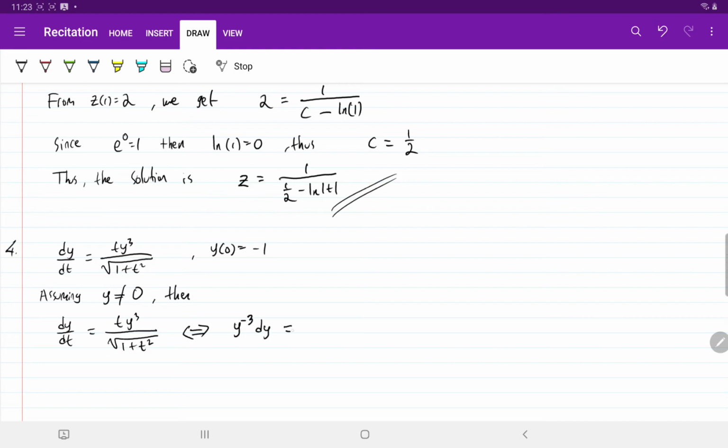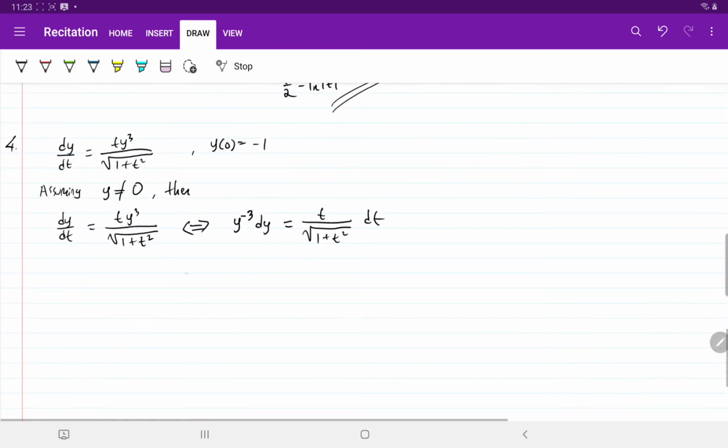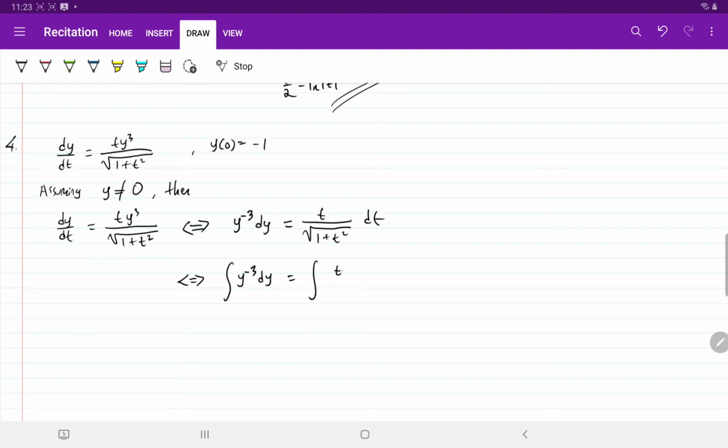Dy equals t over square root 1 plus t squared dt. And we can integrate both sides. Integration of y to the power minus 3 dy, integration of t over square root 1 plus t squared dt.